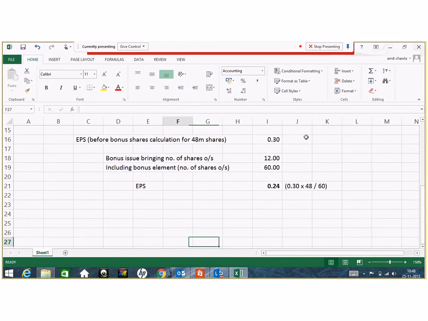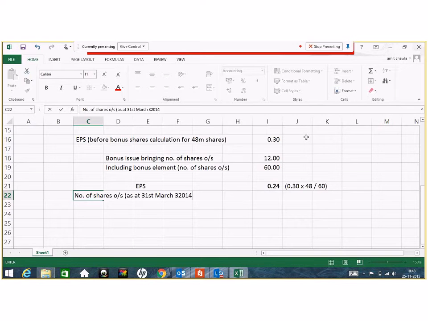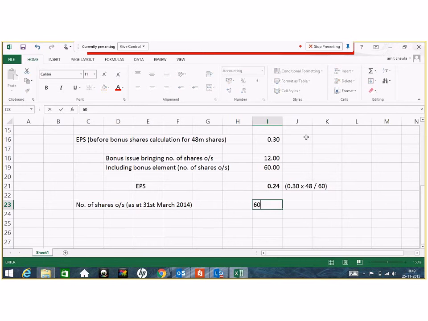Now at this stage we can say my number of shares outstanding as at 31st of March 2014 is of course 60 million, and additional shares under rights issue will be given as 2:5 proportion, which means that I'm looking at this into 2 divided by 5.